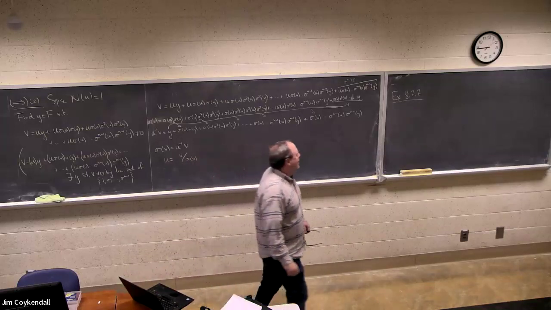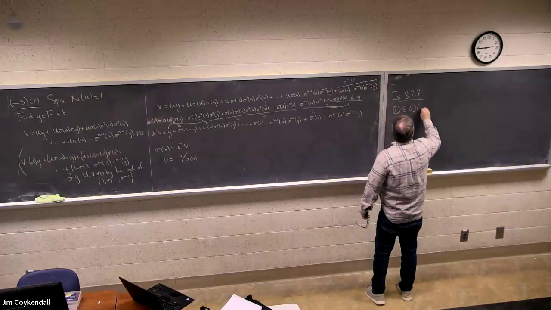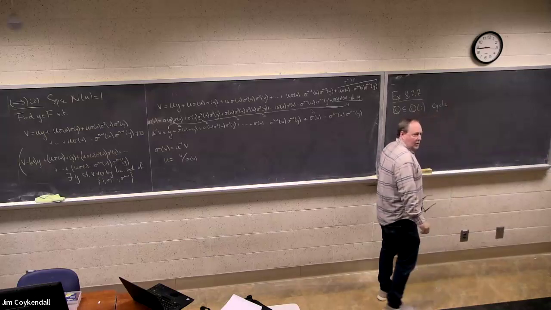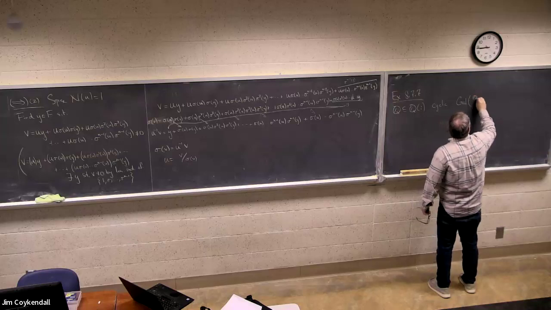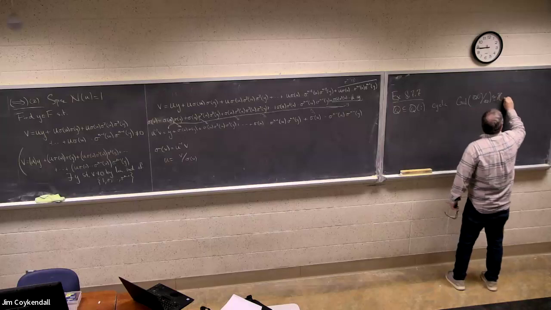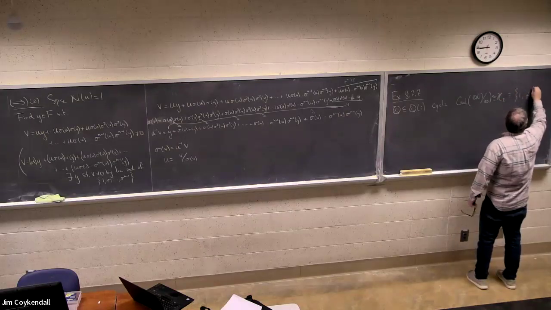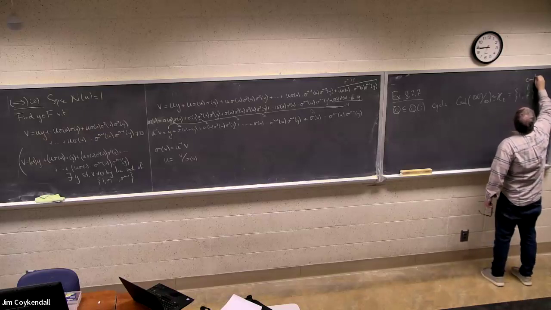So consider Q inside Q(i). This is cyclic. The Galois group is complex conjugation.